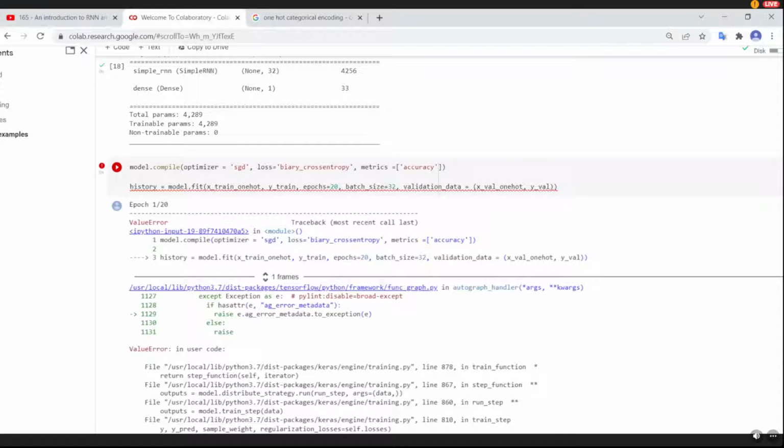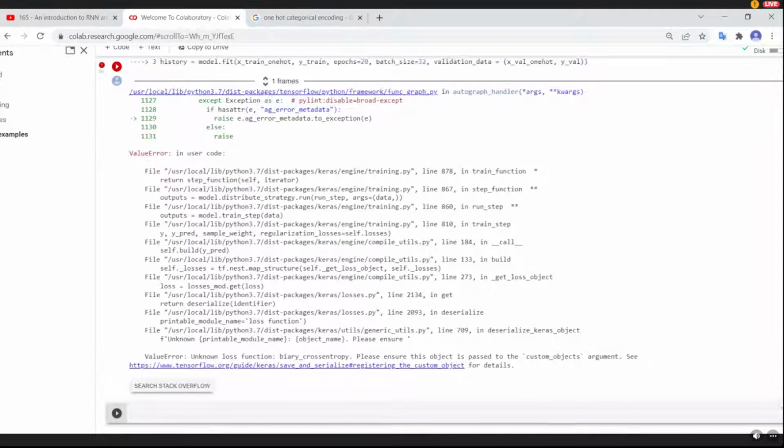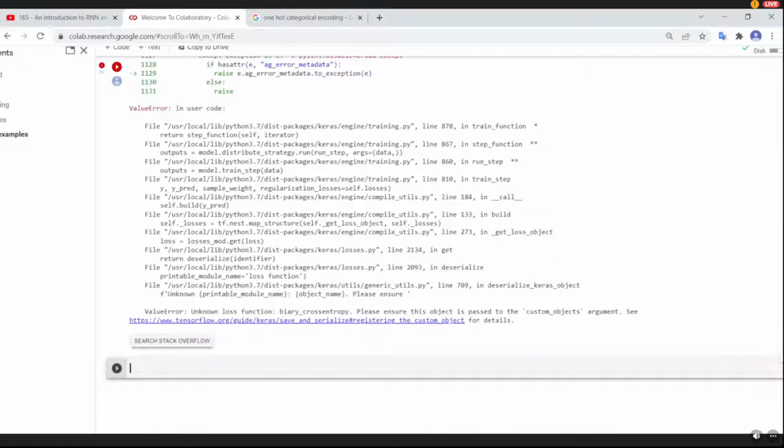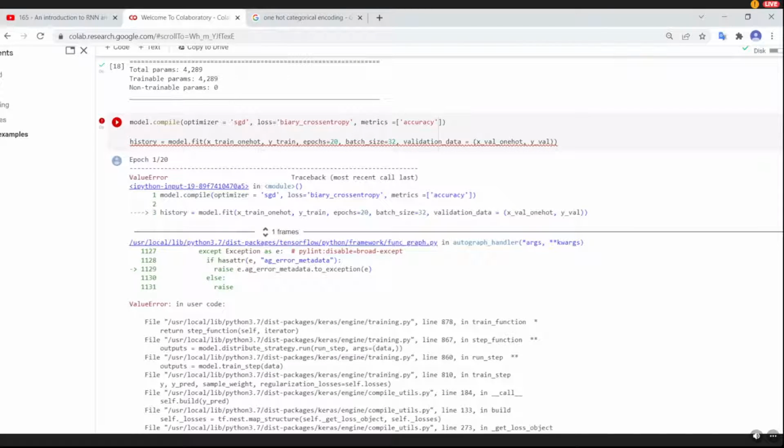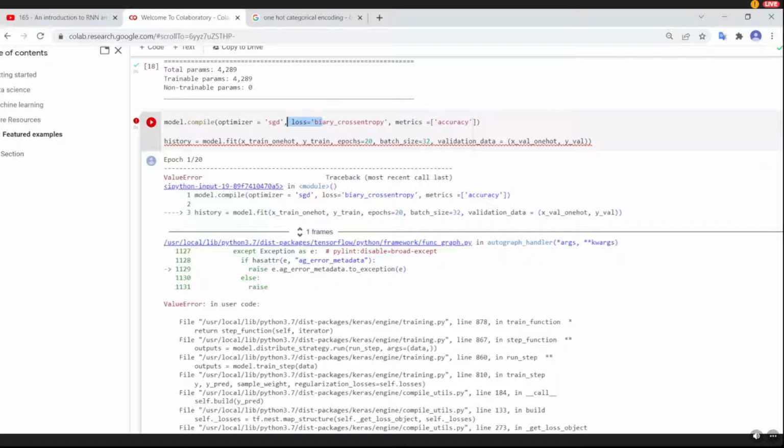Value error. Let's see. Unknown loss function. Oh, binary. Should be binary.